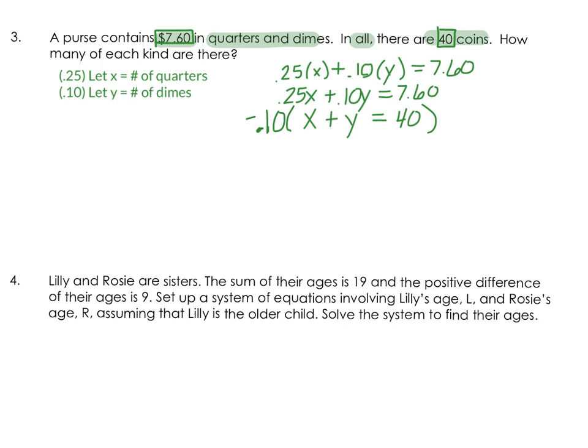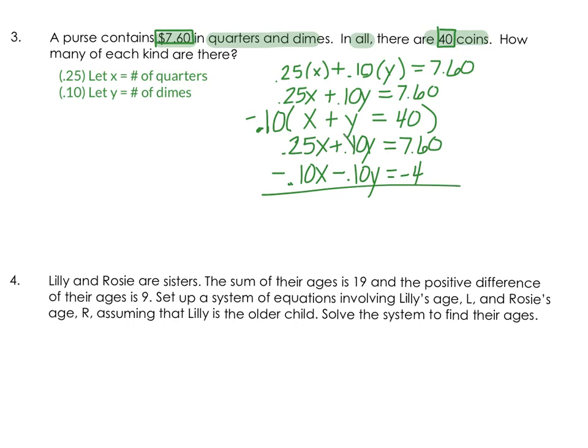So then in the next step, I have 0.25x plus 0.10y, because nothing changed in that top equation, to equal the $7.60. And then in the bottom, I'll now have negative 10 hundredths x minus 10 hundredths y equals, and then we can do 40 times negative 0.10 to equal the negative 4.